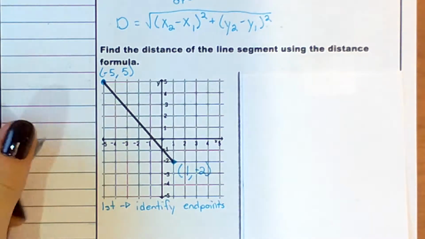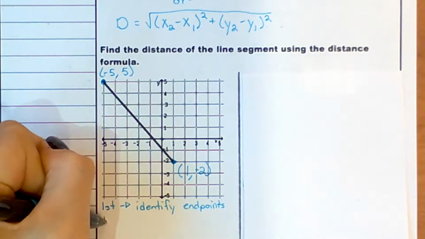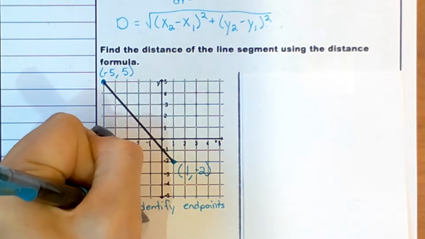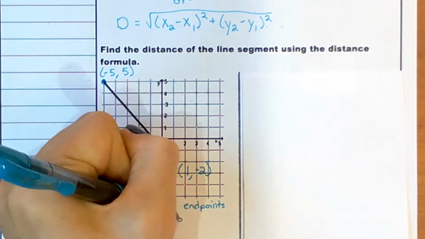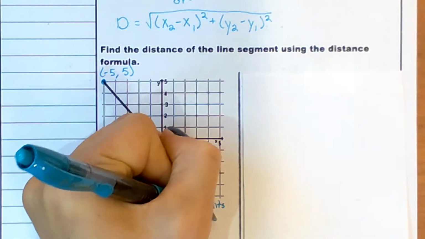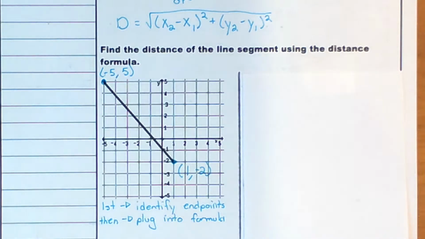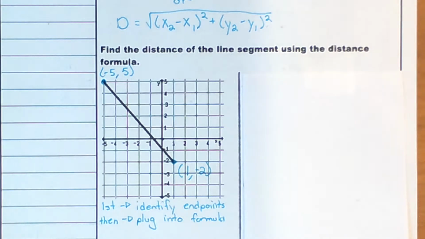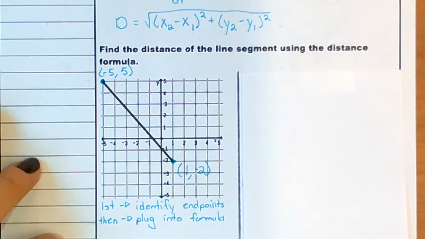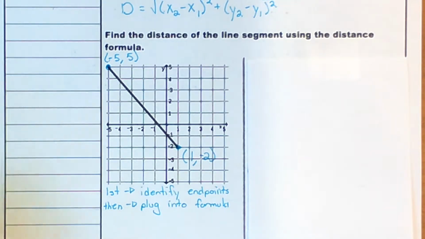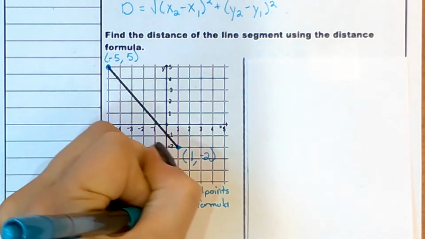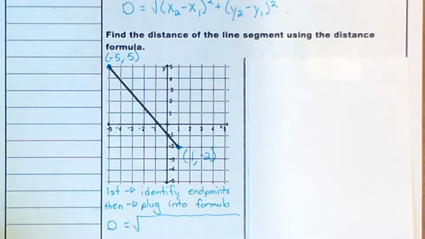And so the next thing I'm going to do, after I identify my endpoints, I'm going to plug them into the formula. So now just going to plug it into this formula right here. x2 minus x1, y2 minus y1. So we have D equals, go ahead and draw a huge square root symbol.